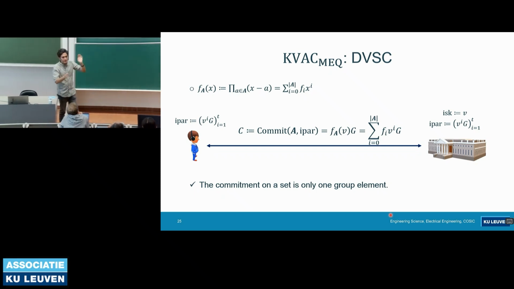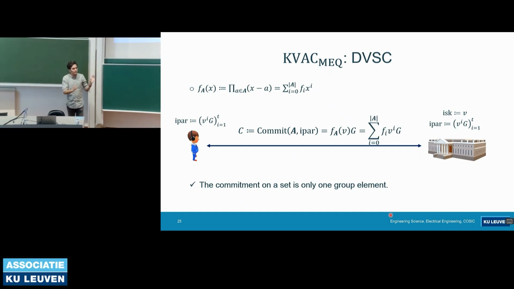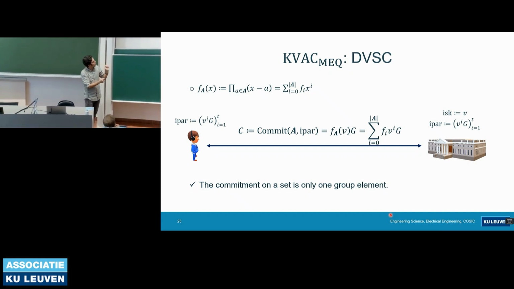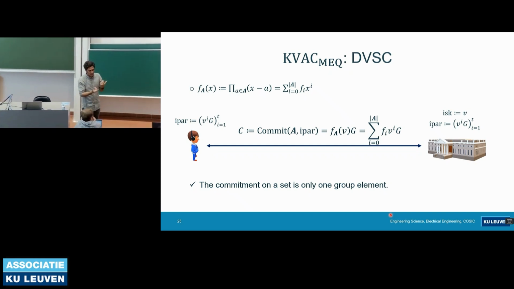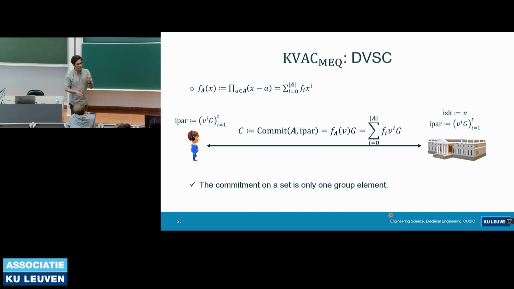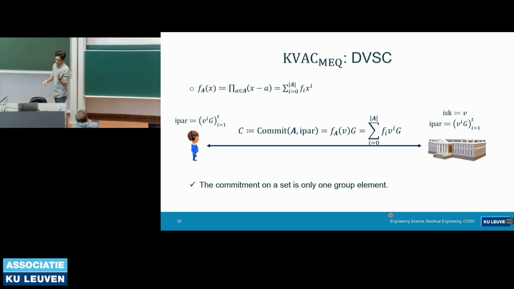So it's a completely deterministic commitment that can be computed by both sides. As you can see, we have a commitment which is just one group element regardless of the size of the attributes.